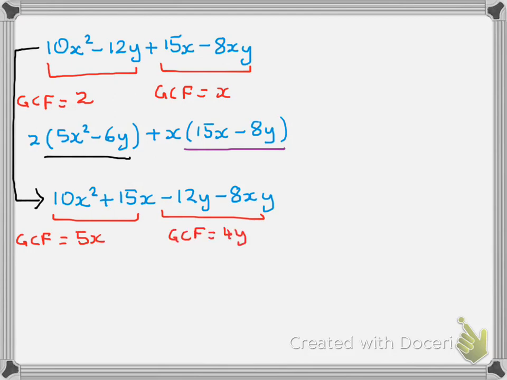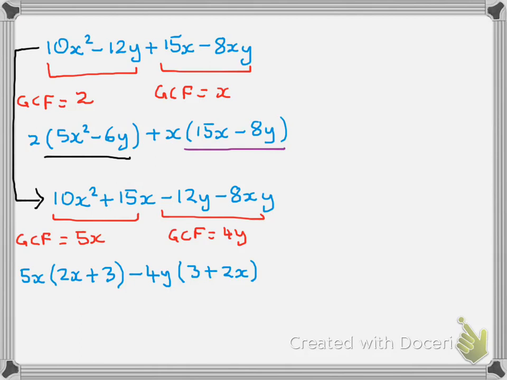So if we do that now, the expression we will obtain for our greatest common factor will be 5x, and for the first two terms, and for the second two terms, the greatest common factor will be 4y, which if we factor out from the expression by dividing the terms by the greatest common factor we just found, we will obtain 2x plus 3 in the first bracket and 3 plus 2x in the second bracket.